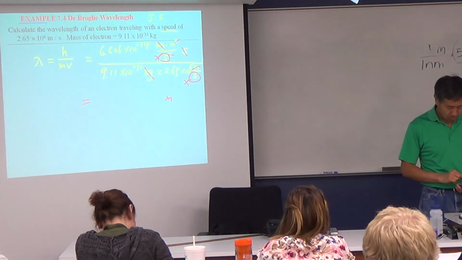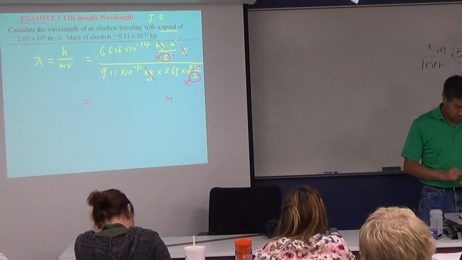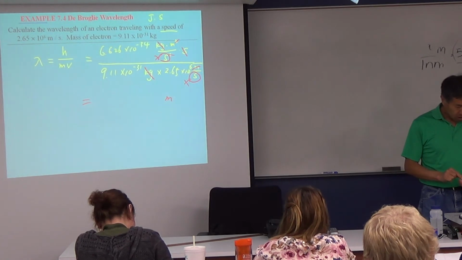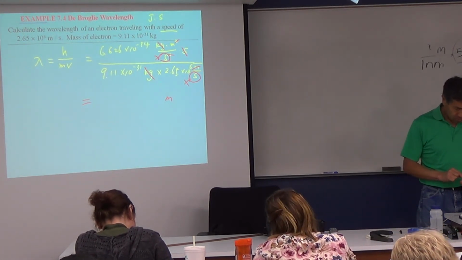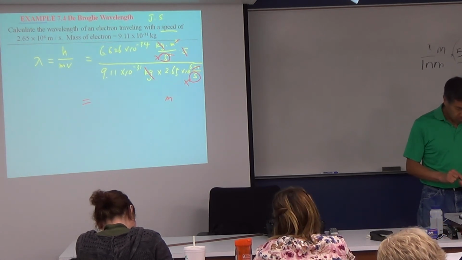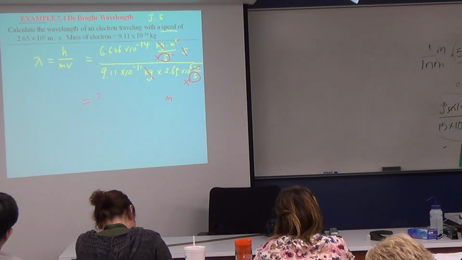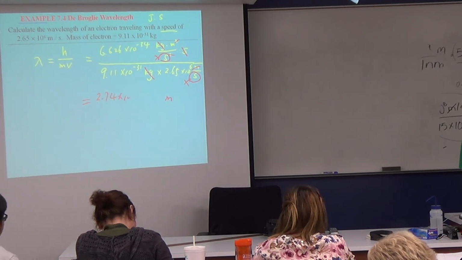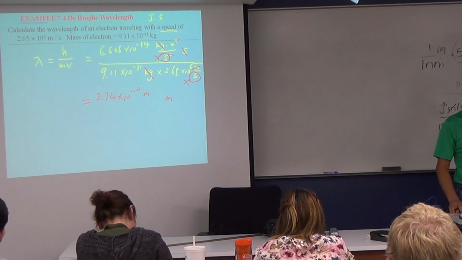What do we get? So you get 2.74 times 10 to the negative 10 meters. Is that right?